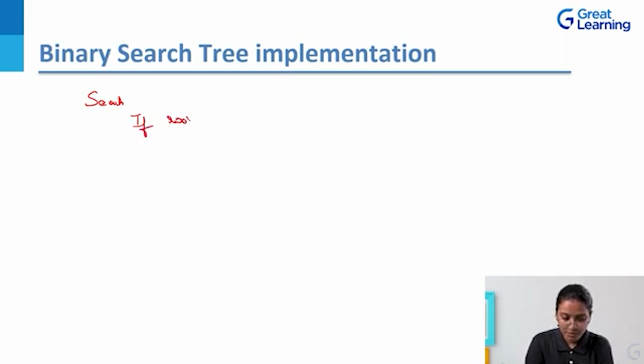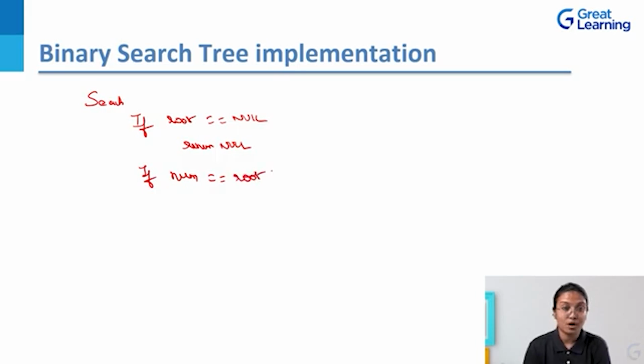If the root node is equal to null, it does not have any value, then we will return null. Next, the number, or the value or data, I'm taking a number here, whatever the user inputs. If the number given is equal to the root, meaning the value of the root and the input number are the same, then you return the root only.